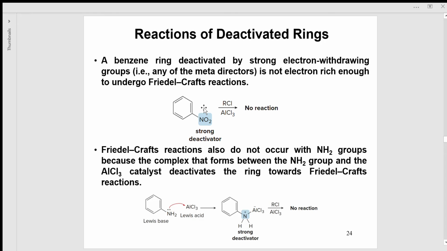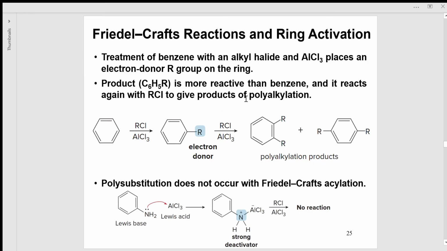Two limitations: a very strong electron withdrawing group, or amine groups here. If amine groups can do an acid-base reaction, we do not have a Friedel-Crafts reaction.